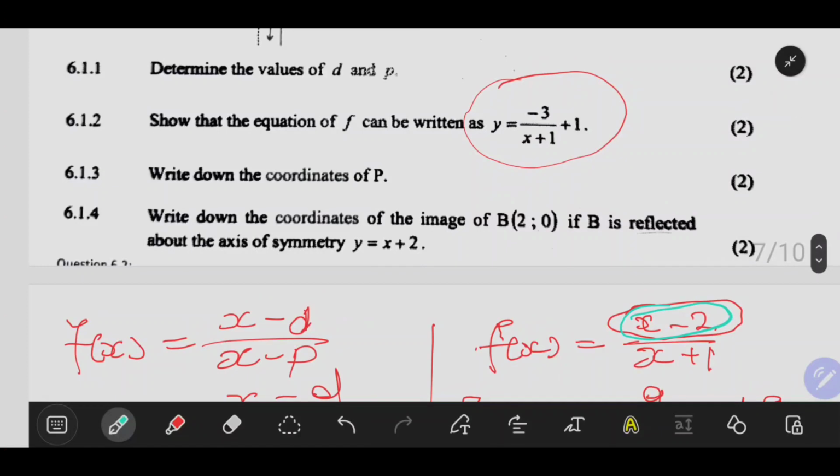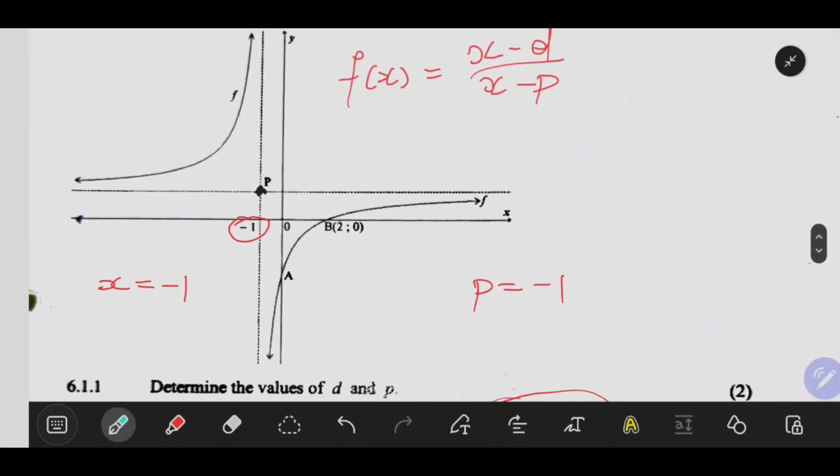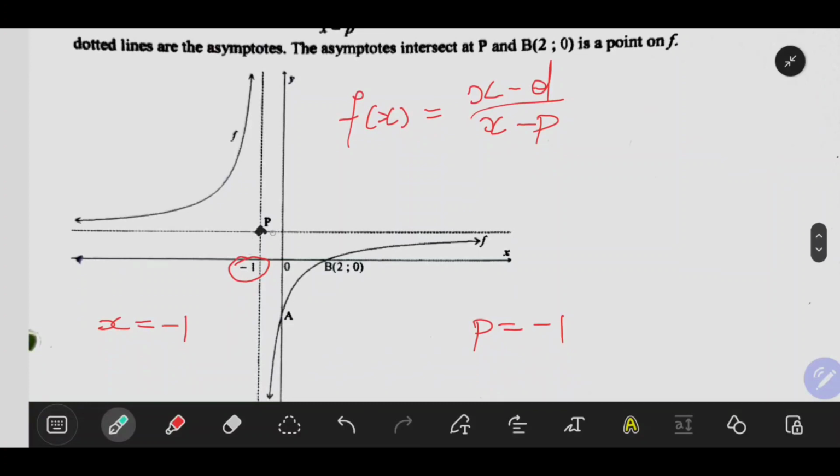So now they want us to write down the coordinate of P. Remember, P is the point of intersection of the asymptotes. And we already know the x asymptote, which is -1.